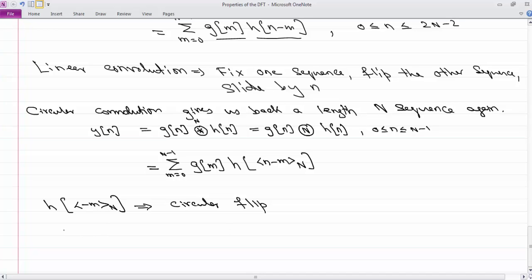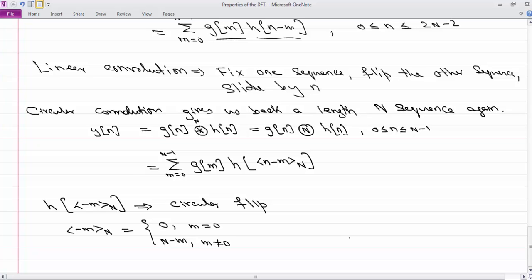Okay? Now, if you remember your mod operation, the circular flip is defined as it is 0 for m equal to 0, and it is N minus m for m not equal to 0.